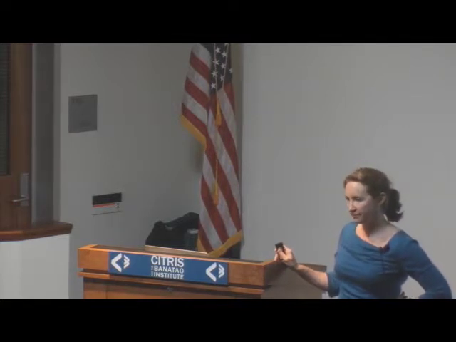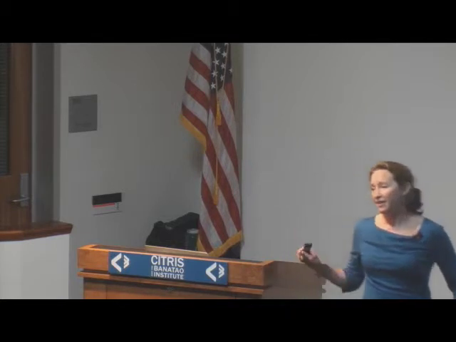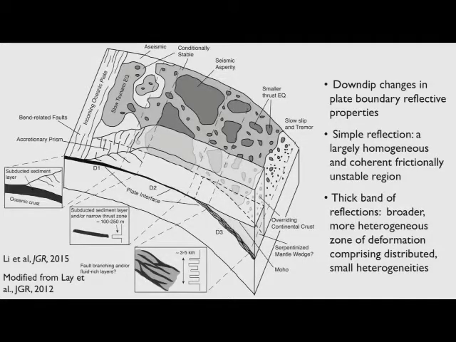Thank you. You make the case that the deeper interface is more fuzzy and broader, but it's also deepening. Seismic reflection is more sensitive to near horizontal interfaces, right? So is that a resolution issue or something? In this case, it's not. But you're right that if you have changes in dip, then it does get more complicated.